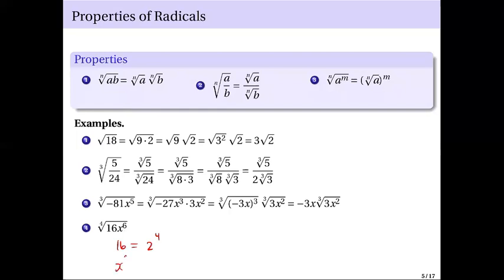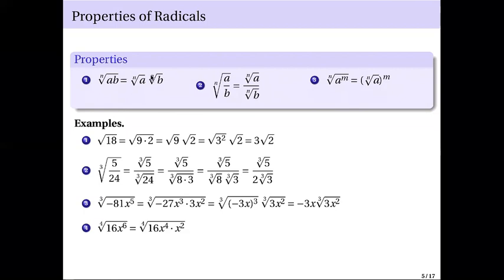And then x to the 6, this is equal to x to the 4 times x squared. So if we do that, we can group together those with the fourth power. And then separate the one that does not have the fourth power. So this guy here, we can write it as fourth root of 16x to the 4 times x squared.